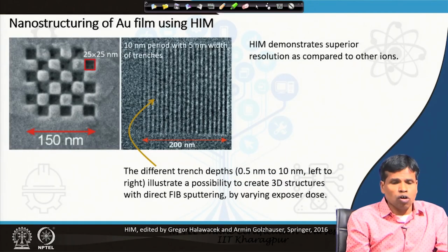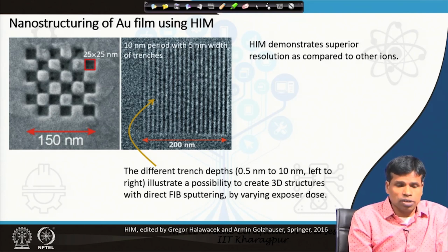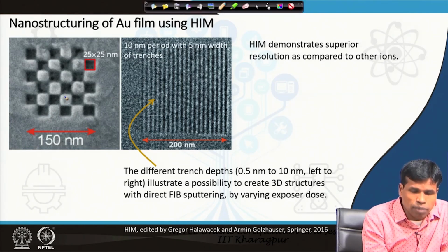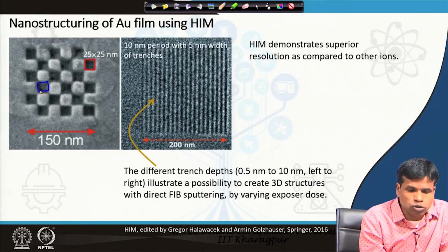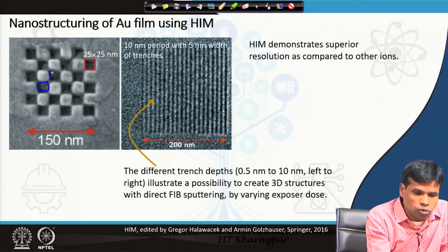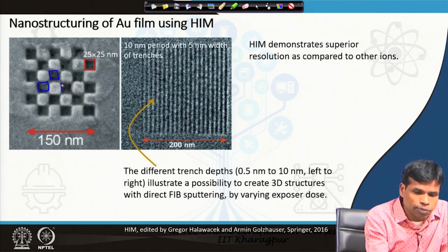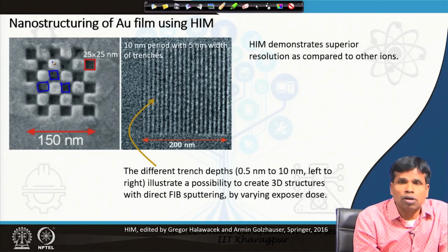Here you see an example of nanostructuring of a gold film using a helium ion microscope. This is a gold film of thickness 50 nanometer, and a region of around 25 nanometer by 25 nanometer was milled, producing a chessboard type of pattern, creating square type and pillar type features of the gold film.